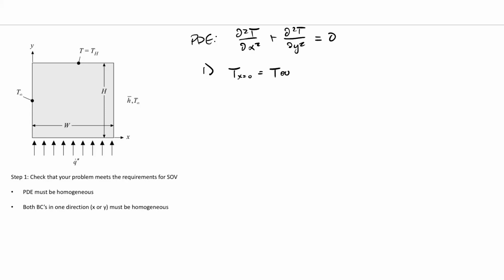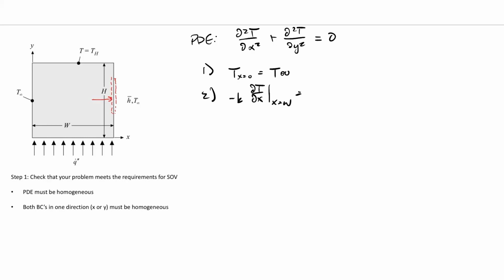At x equals w, let's maybe help ourselves a little. Let's draw a control surface here on the boundary. Right on the boundary at x equals w, what do we have going into this control surface? We have conduction. Going into that control surface, I have conduction, minus k times the partial of T with respect to x evaluated at x equals w, is equal to what?